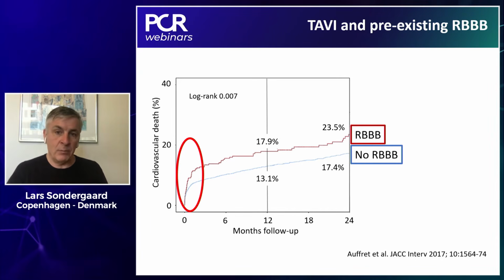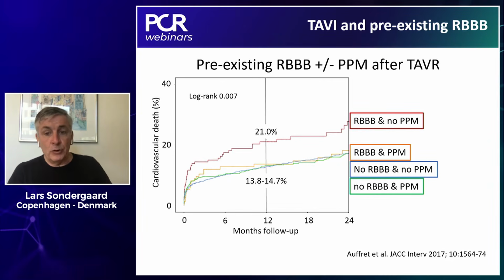So the patient will probably develop a late or delayed left bundle branch block, and then complete AV block with the risk of sudden cardiac death. So these are the patients we should be very careful about. And it's also been shown that if you give these patients a permanent pacemaker after the TAVI procedure, the mortality rate is the same as in patients without pre-existing right bundle branch block.